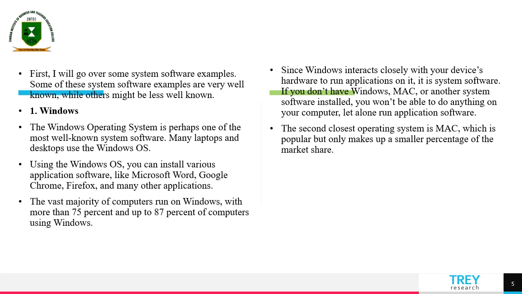Okay, so now the Windows operating system is perhaps one of the most well-known system software. Many laptops and desktops use the Windows OS. Using the Windows operating system, mostly abbreviated as OS, you can install various application software like Microsoft Word, Google Chrome, Firefox, and many other applications that I'm sure you are now familiar with.